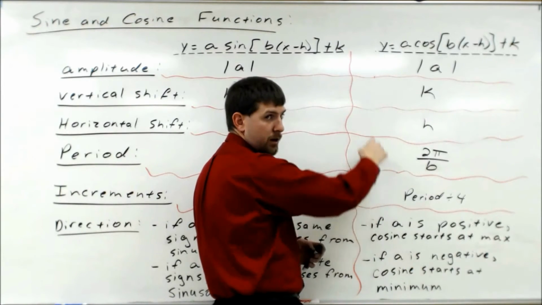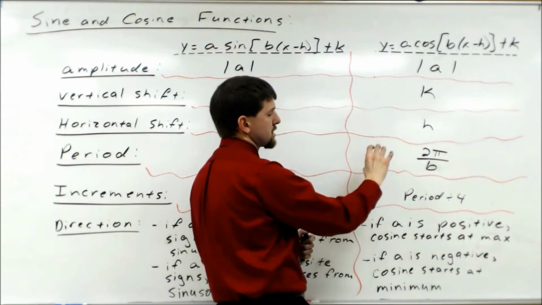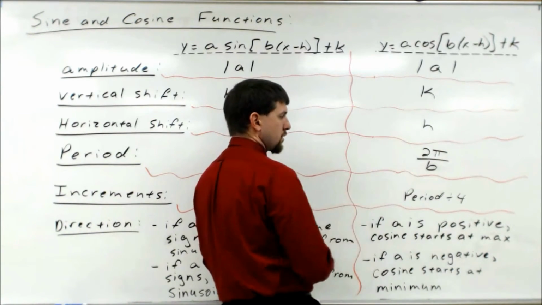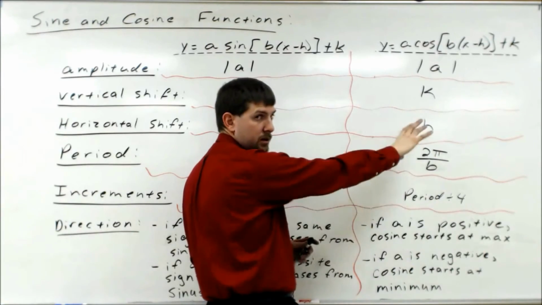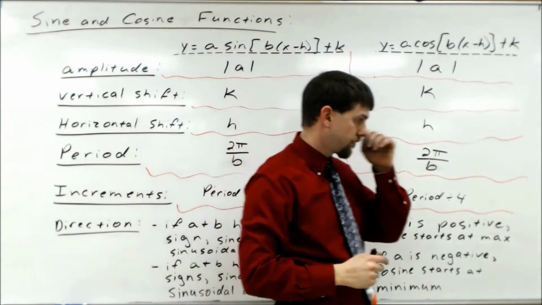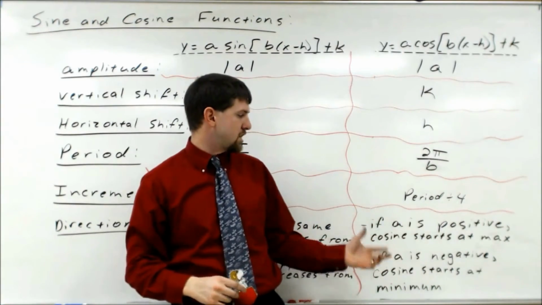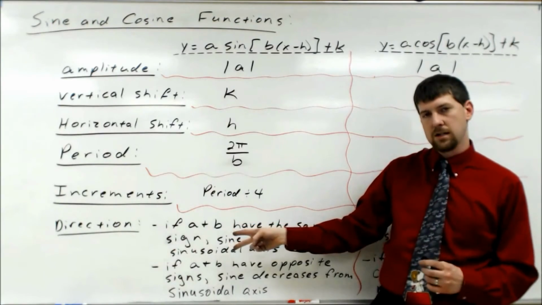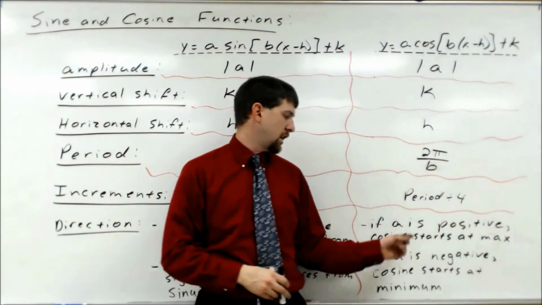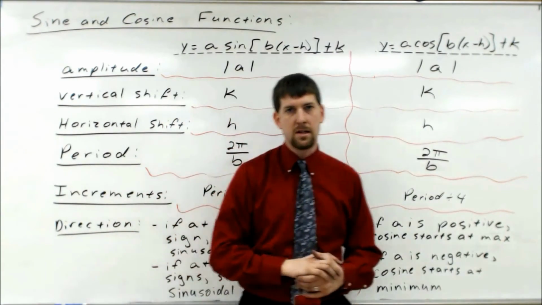If I rotate it down, I'd have a negative sine value because sine is the up and down value. But since cosine is the horizontal, my horizontal doesn't change if I go up or down. It's still going to be on the right side of the y-axis if we're just talking about quadrant 1, quadrant 4. So cosine is only affected by A when it comes to direction. Sine is A and B. Cosine is just A. Everything else for sine and cosine graph is going to be the same.